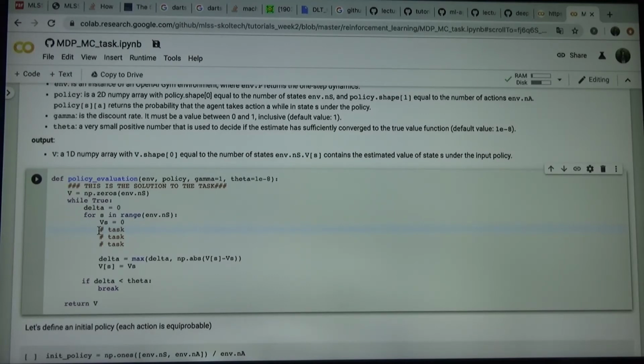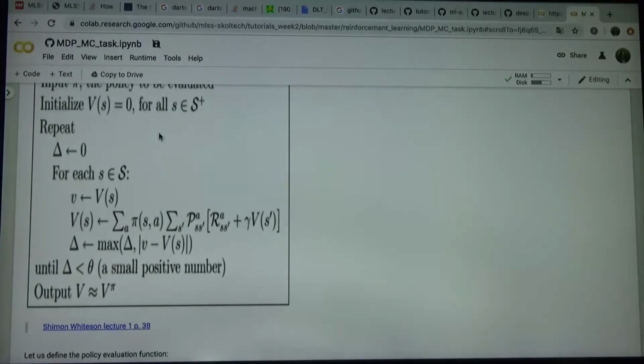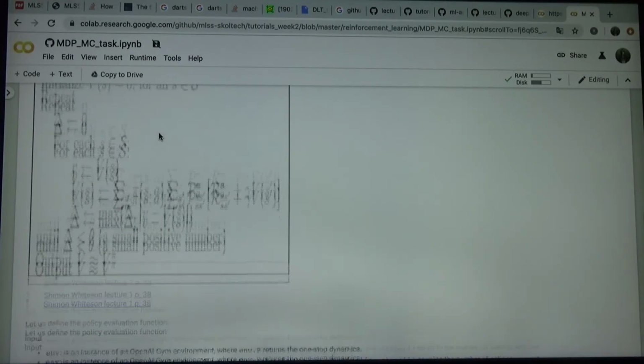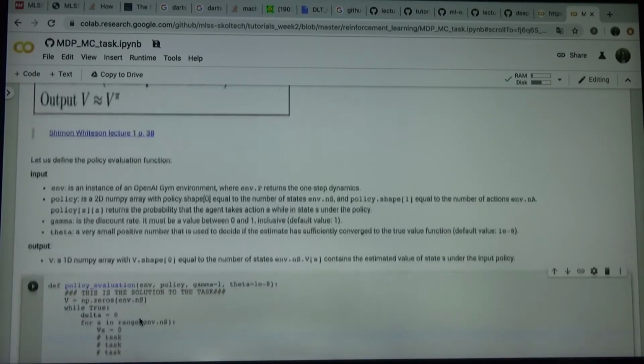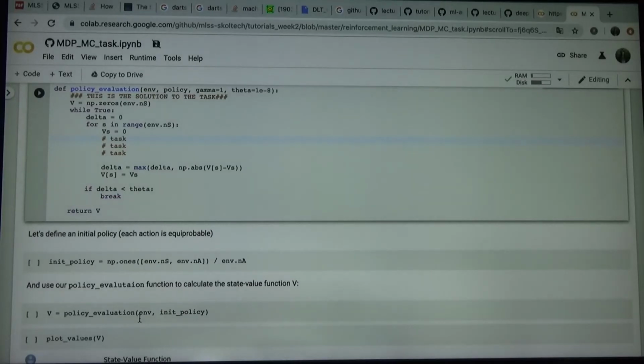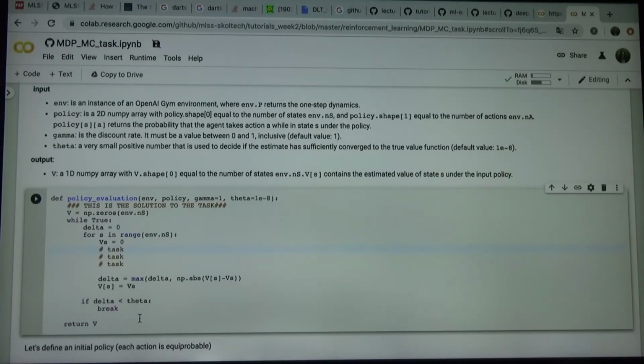So, yeah, let's just do it. Firstly, we have some random policy, and let's sample some actions from this policy.